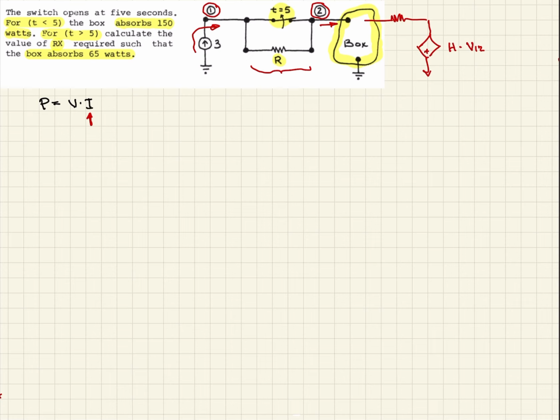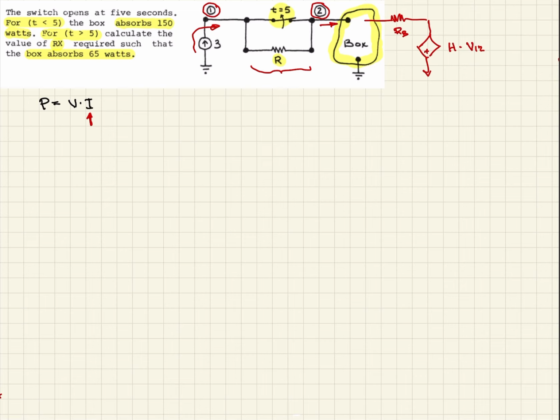All right, so then as the switch opens and closes, that voltage will change, which will make this variable voltage change and change the power absorbed. And so we'll call this resistor here then RB for our box.